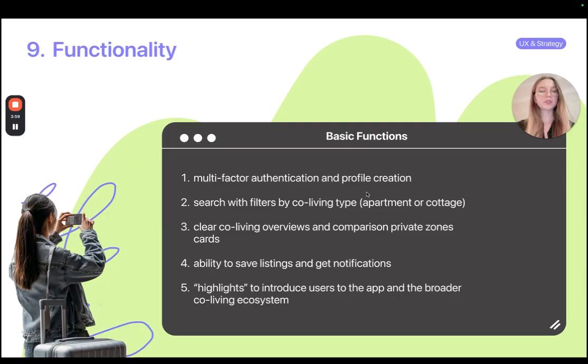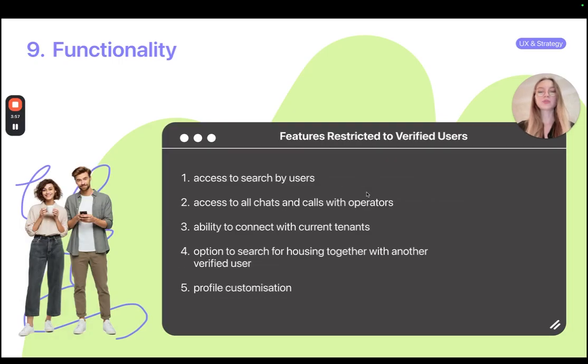The following features are available only to verified users. They are access to search by users, access to all chats and calls with operators, ability to connect with current tenants, option to search for housing together with another verified user, and profile customization.